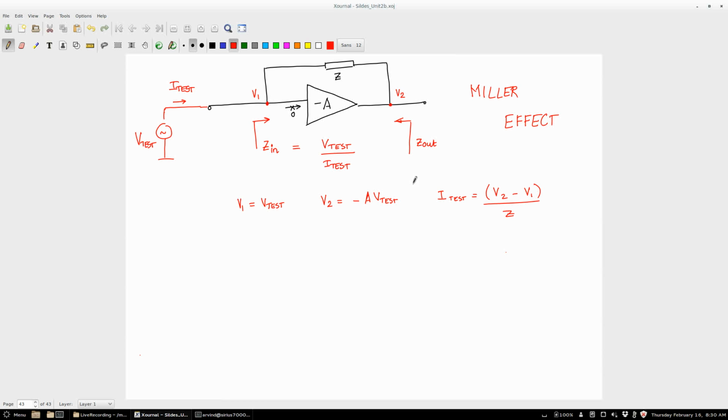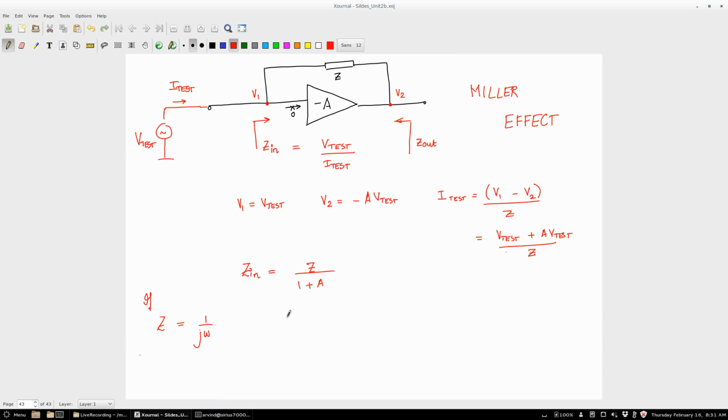Your I test would be V2 minus V1 by Z. Correct? Other way around, right? V1 minus V2 by Z. And if you put in the numbers, what will you get? This would be V test minus of minus, so plus A times V test by Z, right?